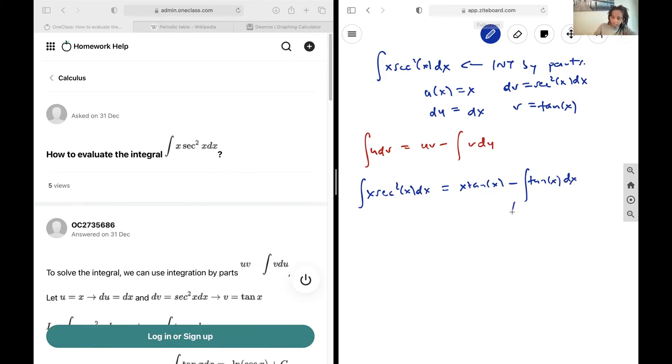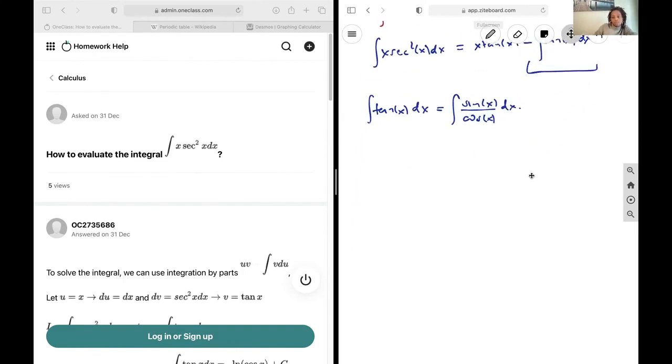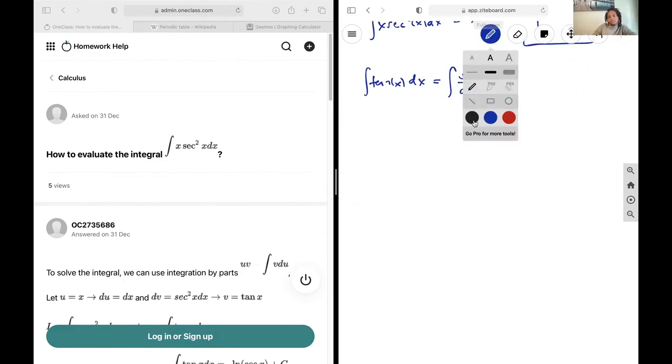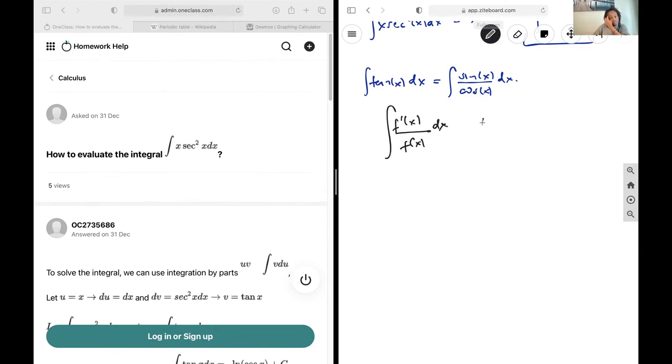And so now we need to evaluate this. Let's rewrite it in its other form. You know that tan x is equal to sine x over cos x. And then we're going to use substitution here. As you know, if we happen to get it in the form of the integral of the derivative of f of x over f of x dx, we can simply set u equal to f of x.